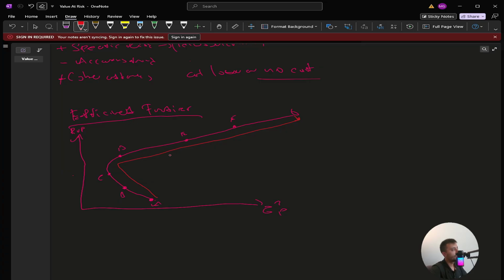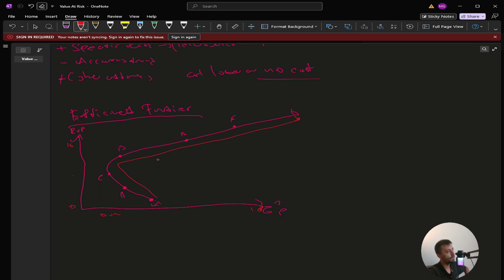Plotting all these maximum returns, here we have 16 and 18. Plotting all these maximum returns for various risk levels produces the efficient frontier.